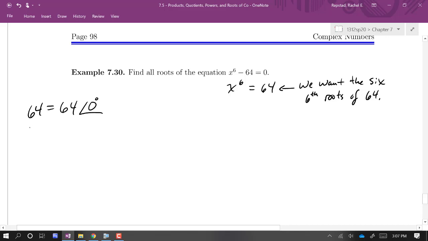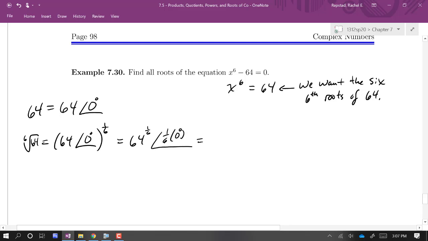So to find the first root, the 6th root of 64 is 64 at an angle of 0 degrees to the 1/6 power. So 64 to the 1/6 power, or the 6th root of 64, I think that's 2.